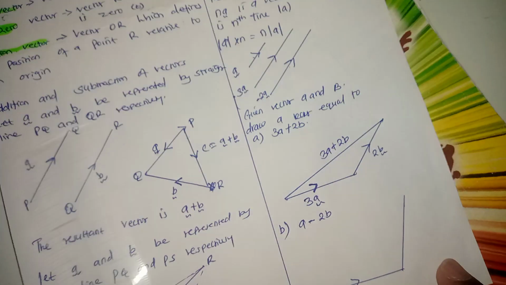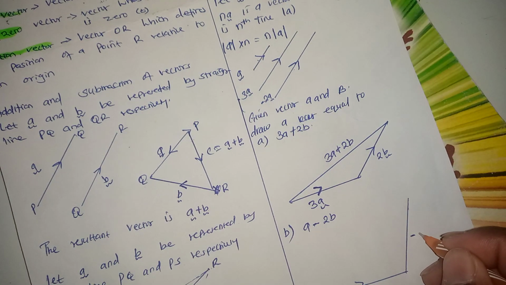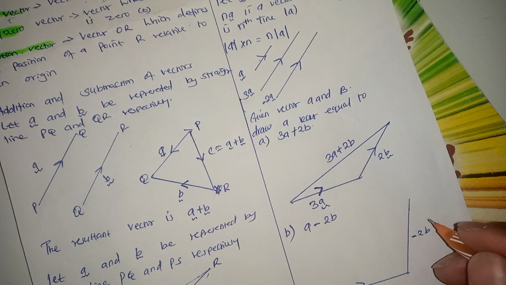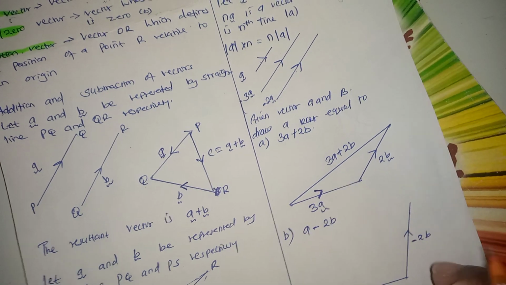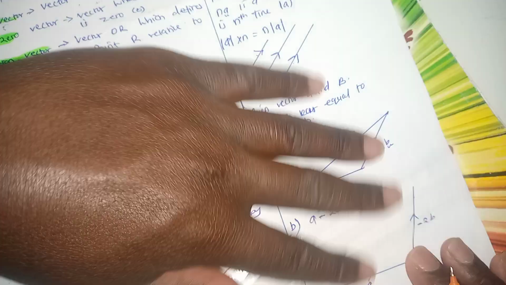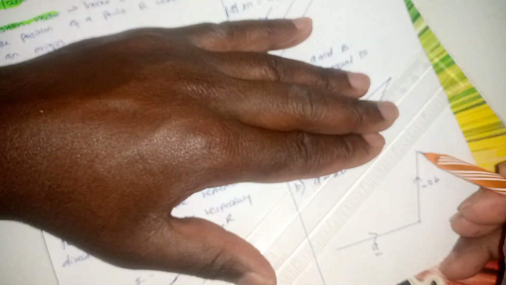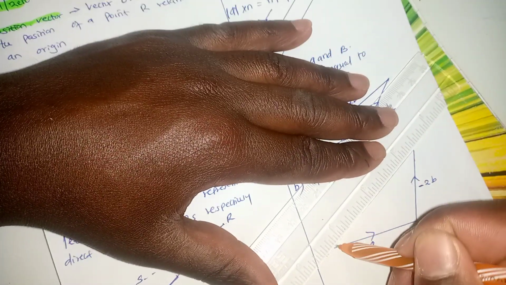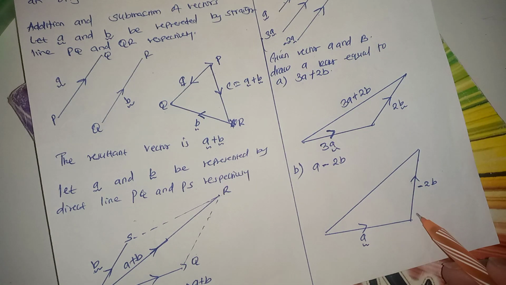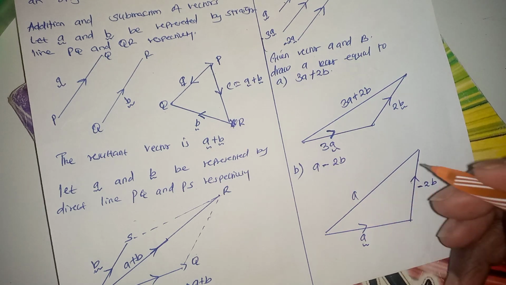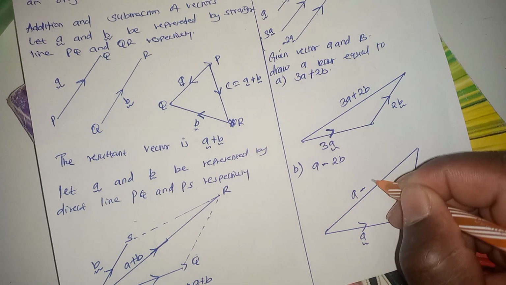We can call this vector 2B. Now this is coming away from A, like that, and then we can come and draw this, which now implies that it is A minus 2B.